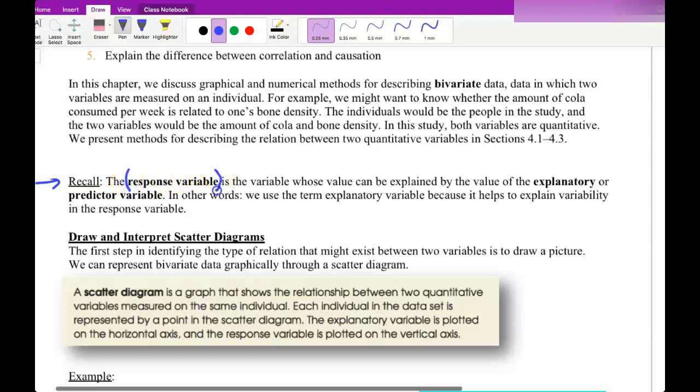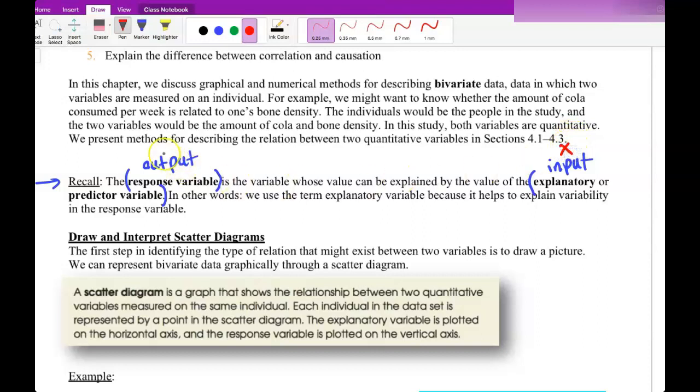This is like having output, and here the explanatory variable is input. Usually for input we're going to use x and here is y.